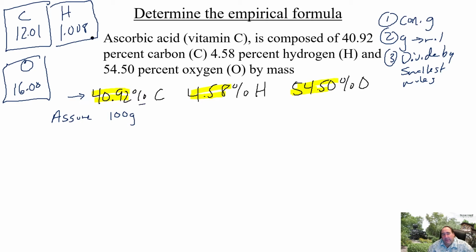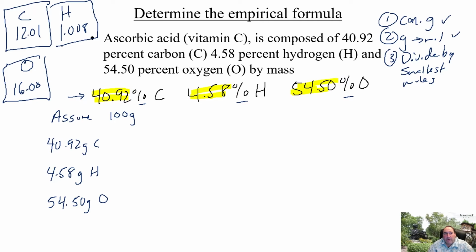What that's going to do is turn all these percentages into the same number of grams. That would tell us we have 40.92 grams of carbon, 4.58 grams of hydrogen, and 54.50 grams of oxygen.